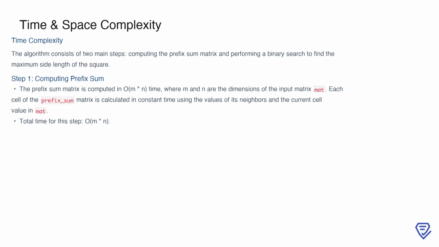For each cell in the prefix sum matrix, we perform a constant time operation using its neighboring values and the current cell value in mat. Since we process each cell exactly once, the time complexity for this step is O(m * n), where m and n are the number of rows and columns in mat, respectively. This step lays the groundwork for efficient square sum calculations in the next part of the algorithm.